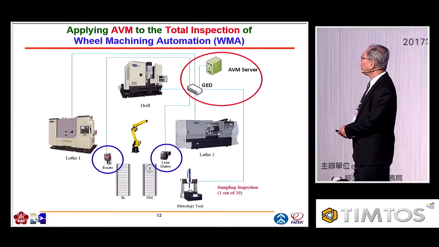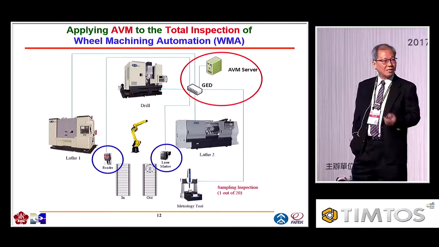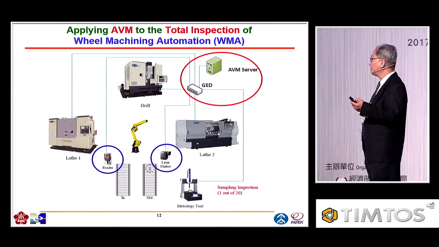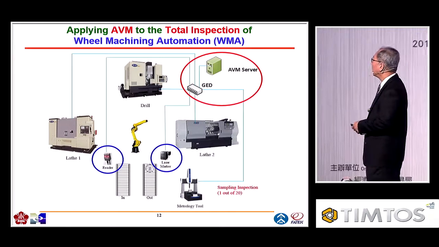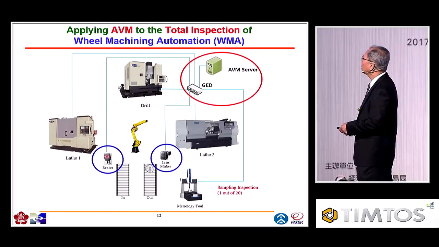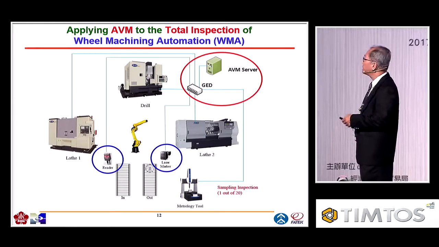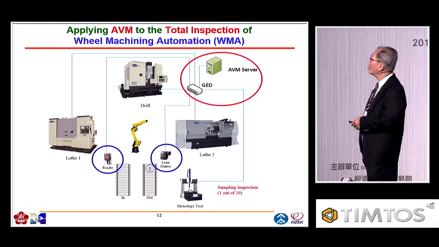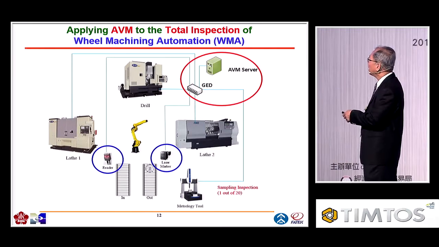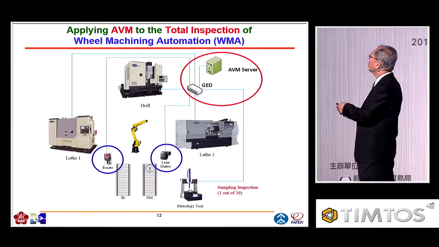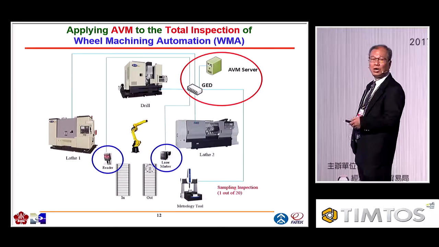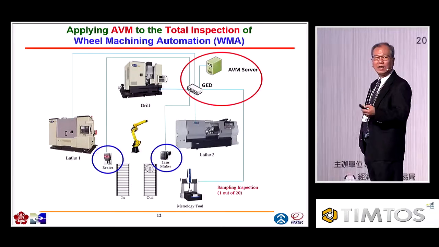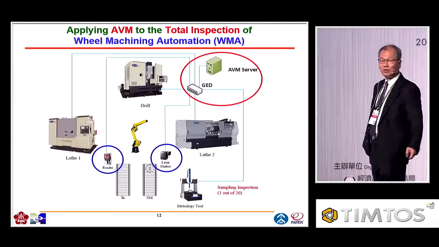You see, we need to install sensors, such as an accelerometer, current sensor, etc. And then we will collect all of the data through an IoT device called GED. Then this data will be fed into the AVM system, and it can conjecture all of the quality values in real time. And I'll show you later.